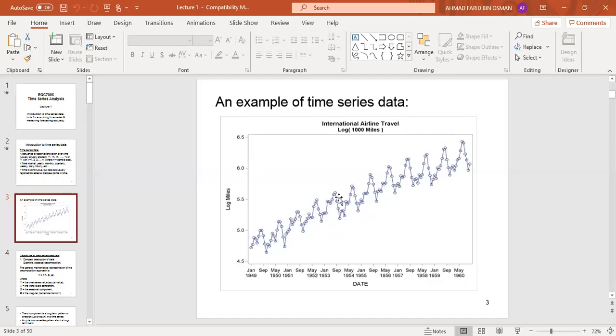So the values increase and decrease in the same months each year. That's what we call seasonality, or seasonal variation.